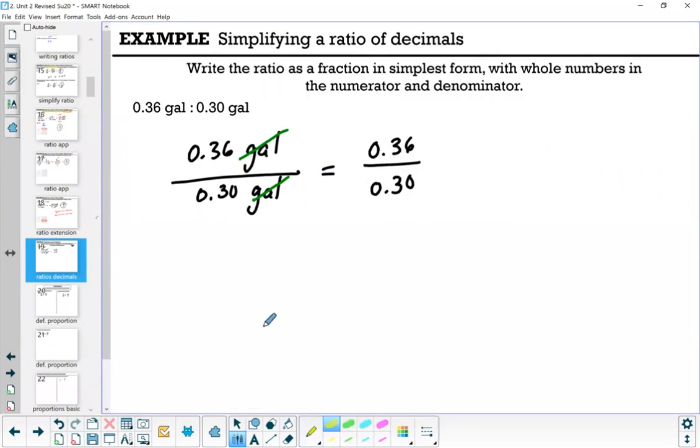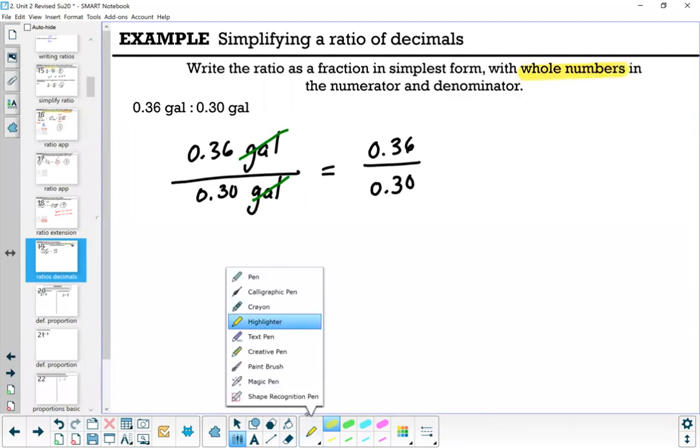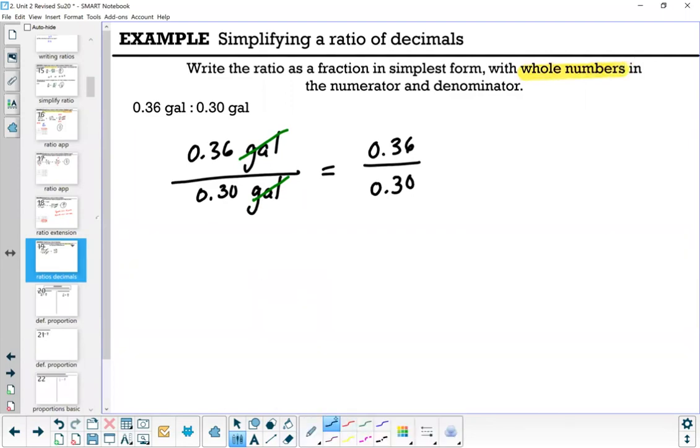Now in our directions, it says write the ratio as a fraction in simplest form with whole numbers in the numerator and denominator. We don't have whole numbers right now, we have decimals. So I can write an equivalent fraction by doing this, times 100 times 100.